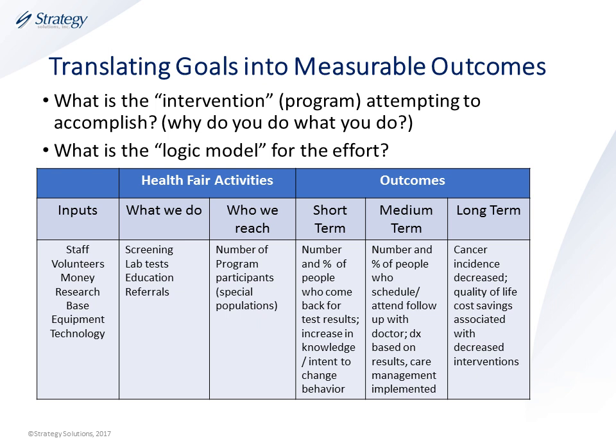In the medium term, the number and percentage of people who schedule or attend a follow-up with a doctor or have a diagnosis based on the test results or get into some type of care management initiative. And then, over the longer term, it could be that cancer incidence is decreased, quality of life, cost savings associated with these decreased interventions.